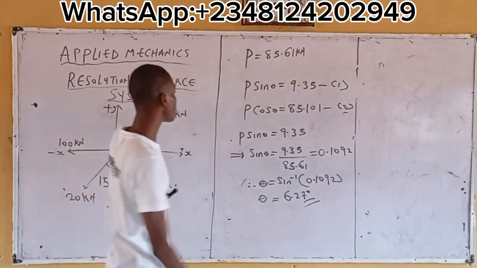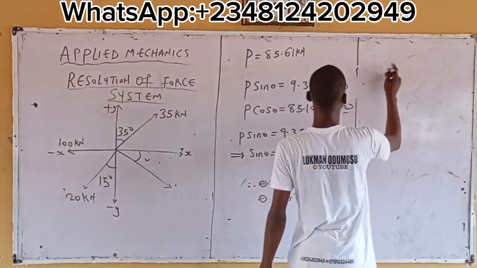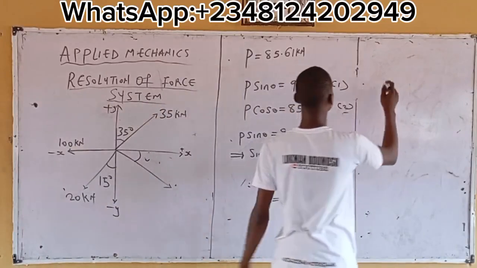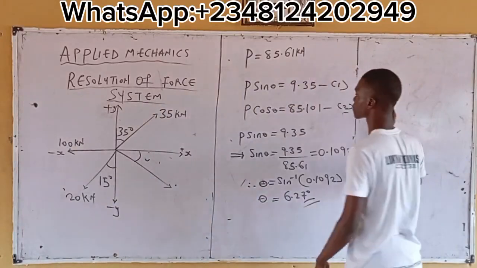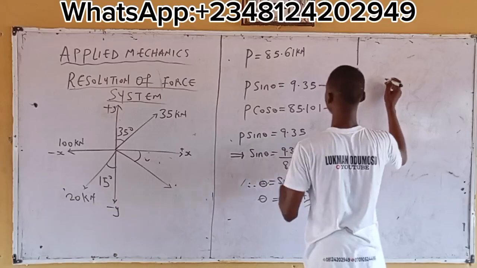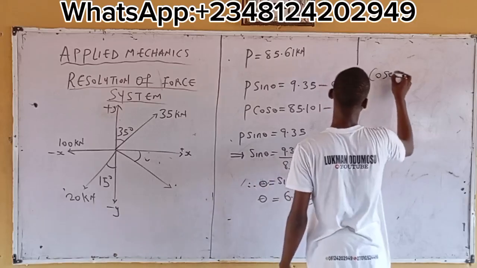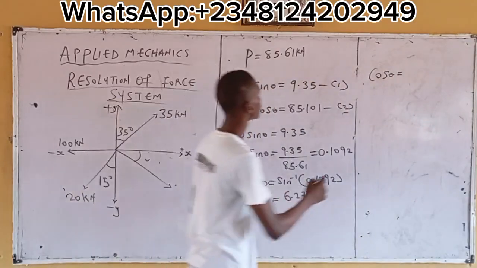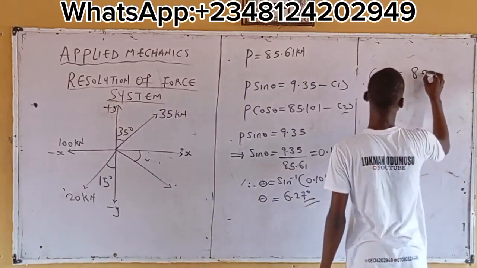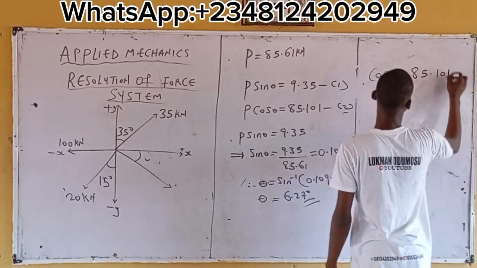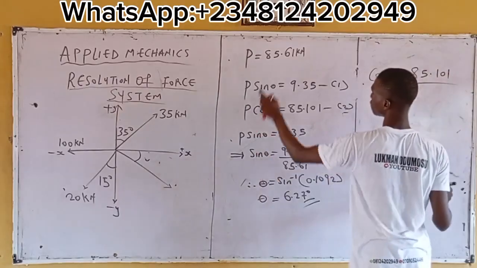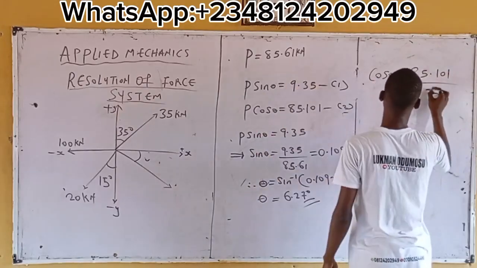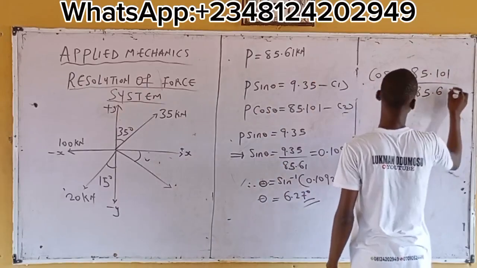We got 6.27 degree using equation 1. Now let's use equation 2. Same idea, right? Now let's do this together. Cos theta is equals to 85.101 divided by the value of P, 85.61.